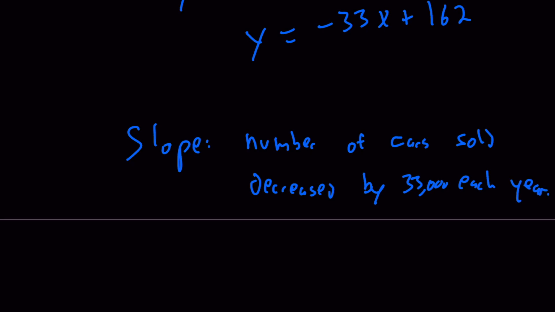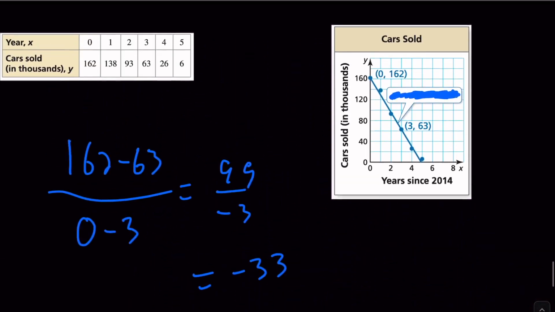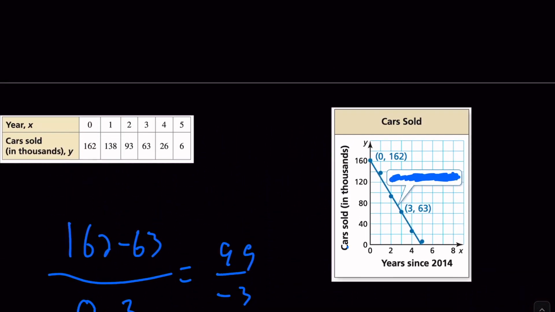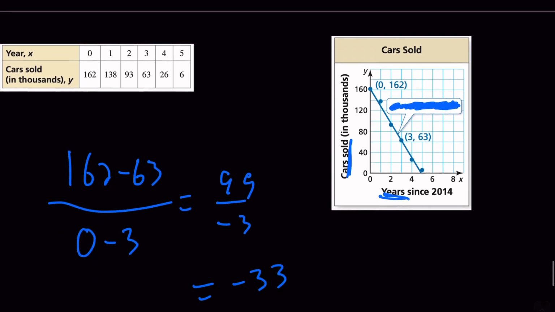And if you're not sure what words to use, look at what your graph says. Over here is the number of cars sold, and over here is the number of years. So that's what words you're using.